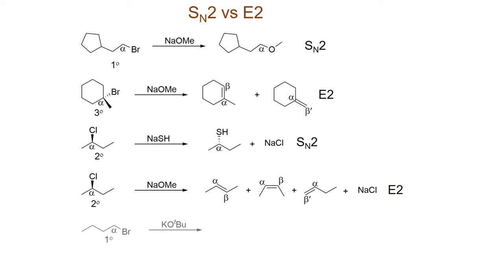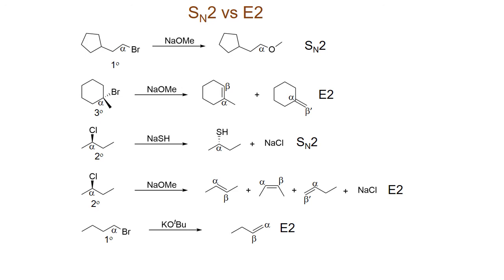Lastly, let's look at an example where we have a primary alkyl halide, but our reagent is a strong base and a weak nucleophile. In this particular case, since our reagent is a weak nucleophile, even though we are working with a primary alkyl halide, our major product is going to be the elimination product, and the preferred reaction is going to be an E2 reaction.